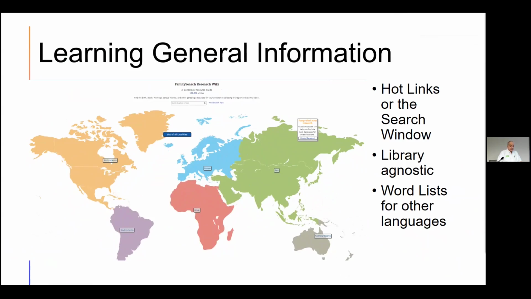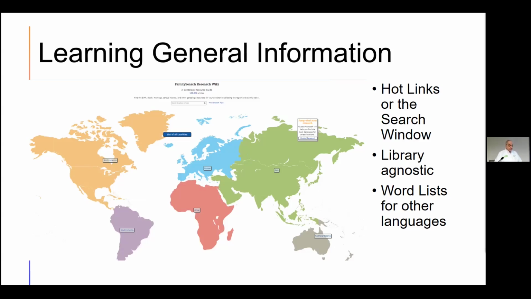And it is extremely good at finding the specific information you want. It is agnostic about programs. It lists FamilySearch stuff first, but if that stuff exists on Ancestry, not FamilySearch, it will tell you. So it's very, very good for that.